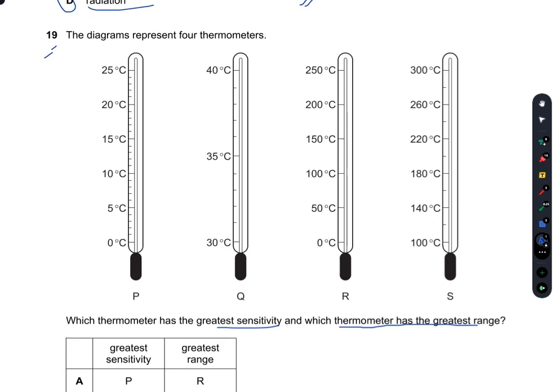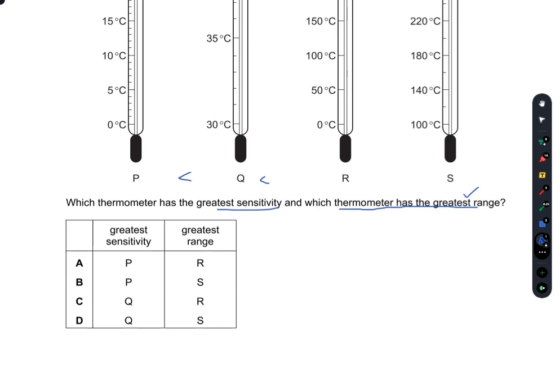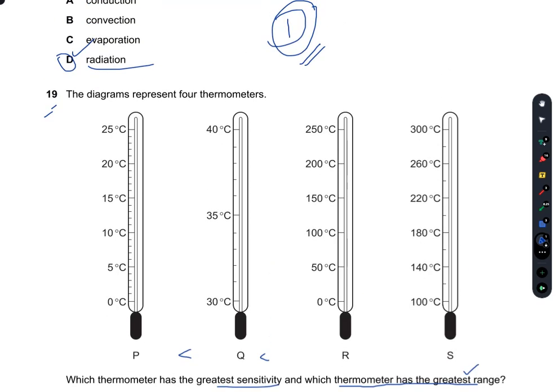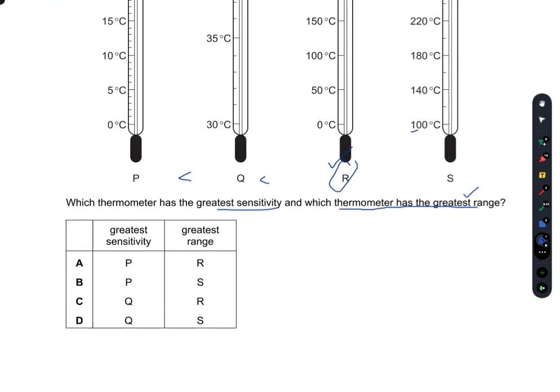For the range, obviously P and Q have a lesser range than R and S. Among R and S, R has a range of 250 degrees C, and S has 300 minus 100, a range of 200 degrees C. So R has a greater range, not S.